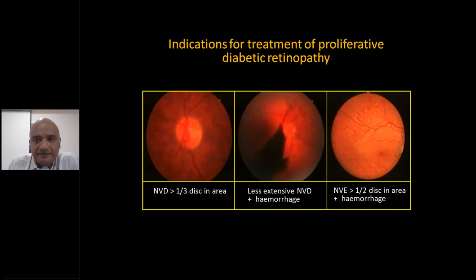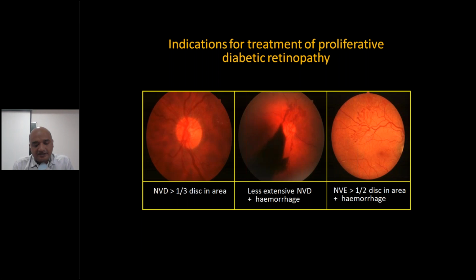Now what are the indications for treatment of proliferative diabetic retinopathy? So now we will go into proliferative. What are the various options we have just discussed? First is laser, second is anti-VEGF, third is intravitreal steroid. These three are the main options for treatment of diabetic retinopathy. Systemic factor improvement is also very important.